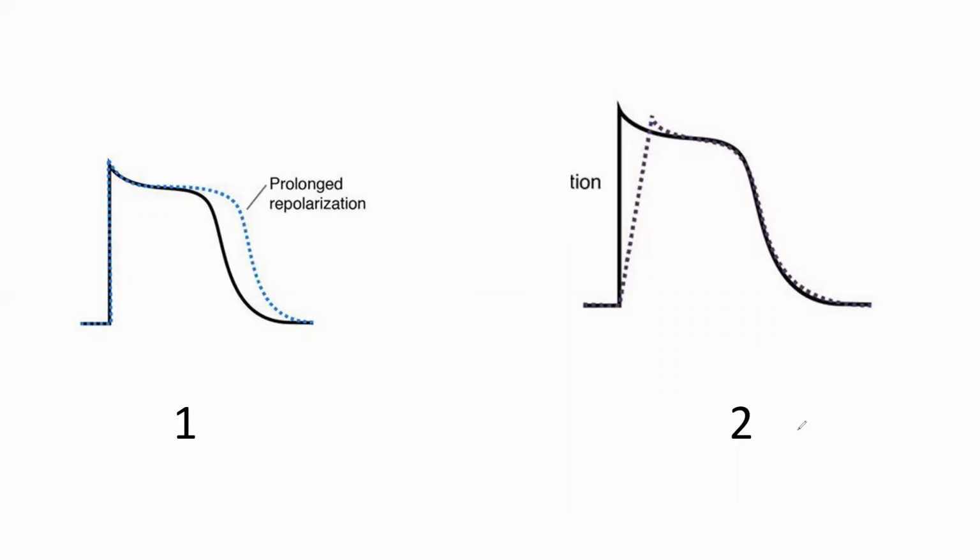And those who comment correctly will get a nice prize when you come to the offline classes. So these are the two graphs, first graph and second graph. If you want, you can rewind the lecture, see those graphs again, and comment down the answer.